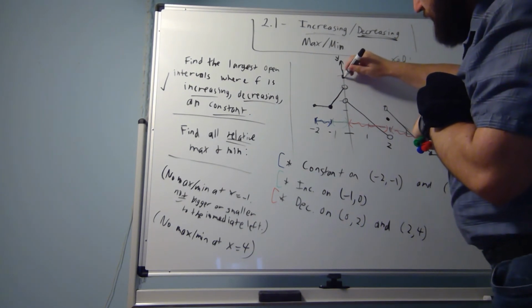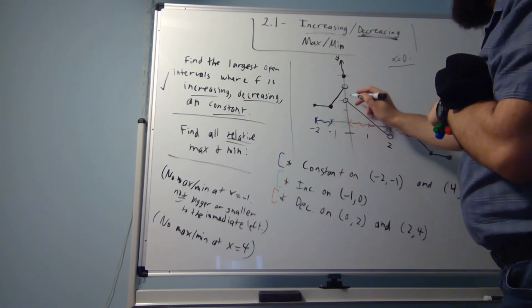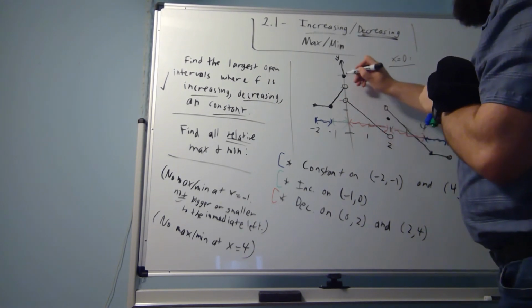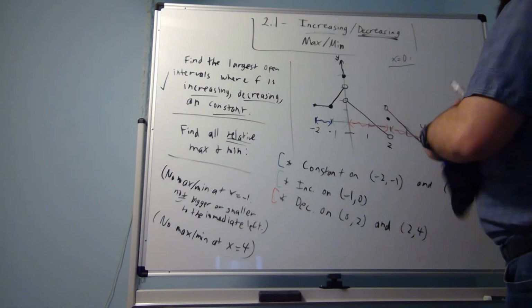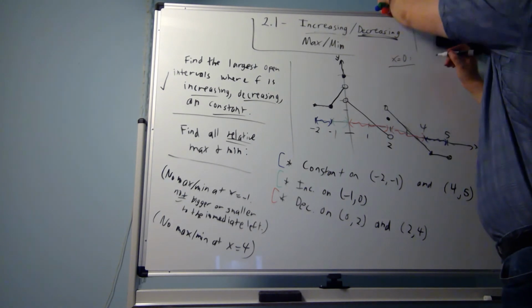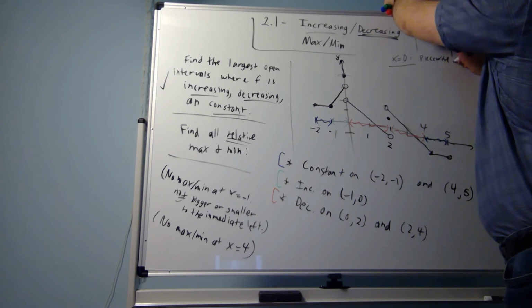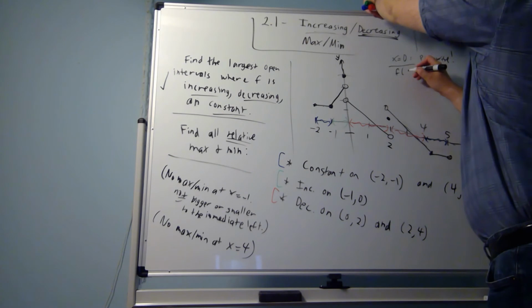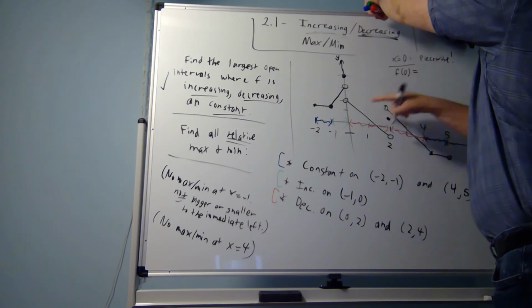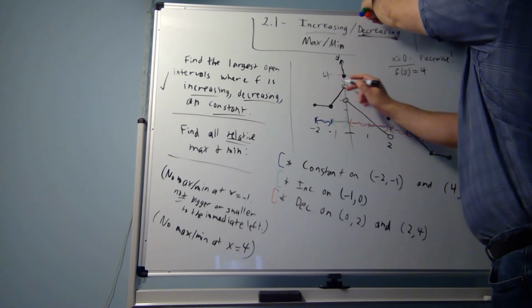I put a closed dot up here, which means as you're coming from the left, you have this piece. As you come from the right, you have this other piece, but it jumps up right at x equals 0. So piecewise, above 0 it is equal to 1, 2, 3, I guess that's 4.